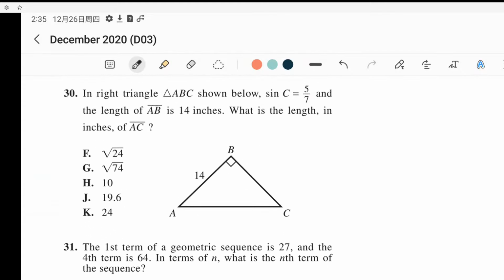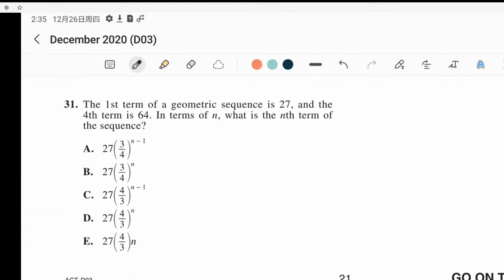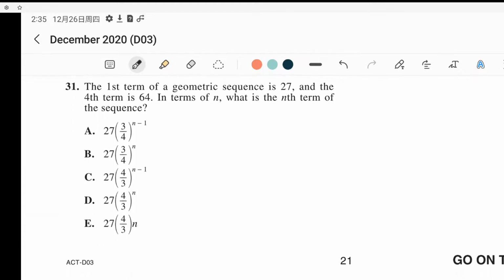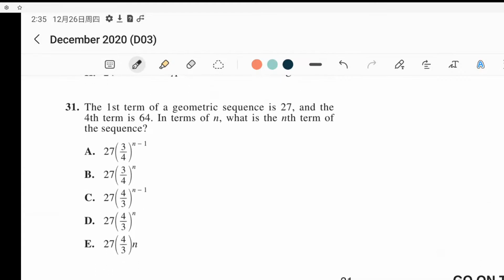Triangle ABC. What is the length of AC? 31 sounds like a problem that wouldn't usually appear.